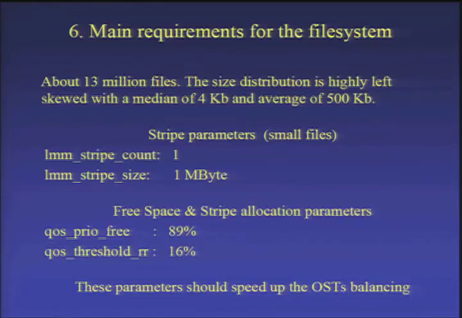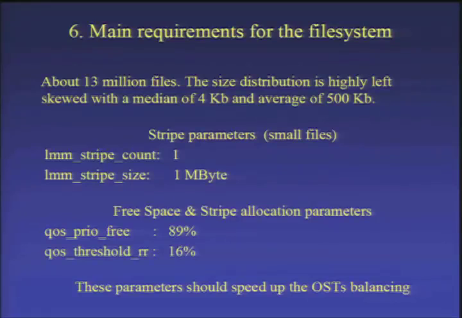In our case, we have a distribution that is highly left skewed. 50% of the files are less than 4 kilobytes, and the arithmetic average is just half a megabyte. So we decided to use just a stripe count of 1 and a stripe size of 1 megabyte. So essentially, all these files reside in just one OST.